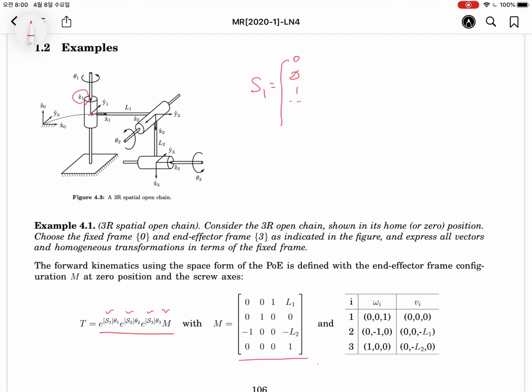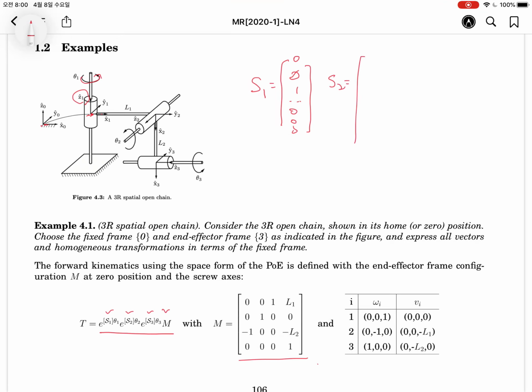And then let's take the linear velocity according to the movement of θ1. Let's apply this rotational motion to here. Actually this is the same position, so there is no distance between both, so that will be equal to a zero linear velocity.